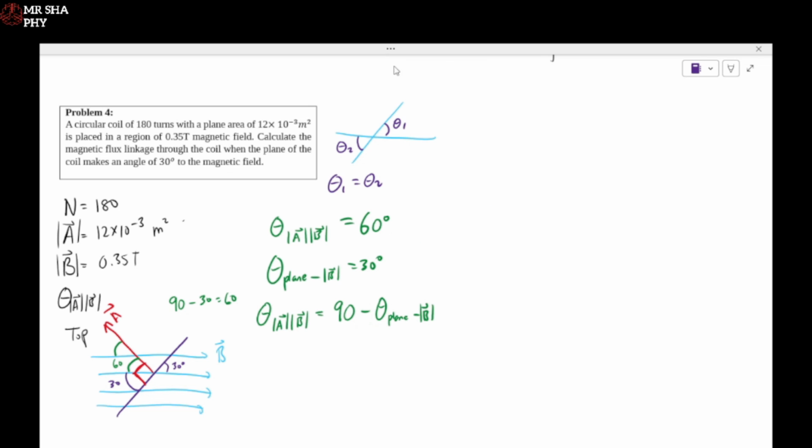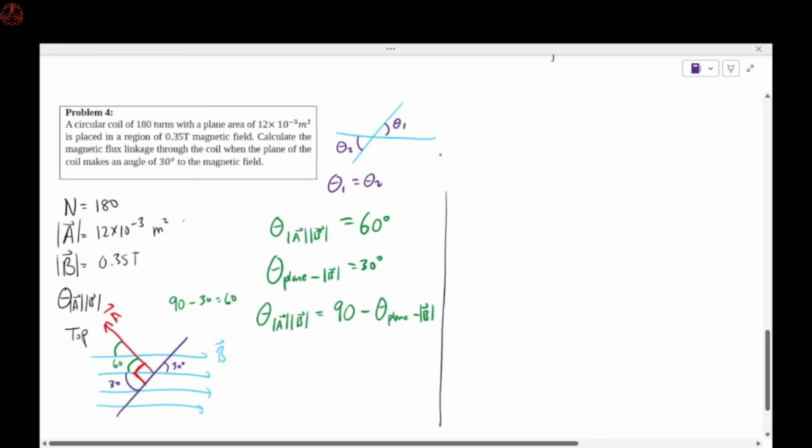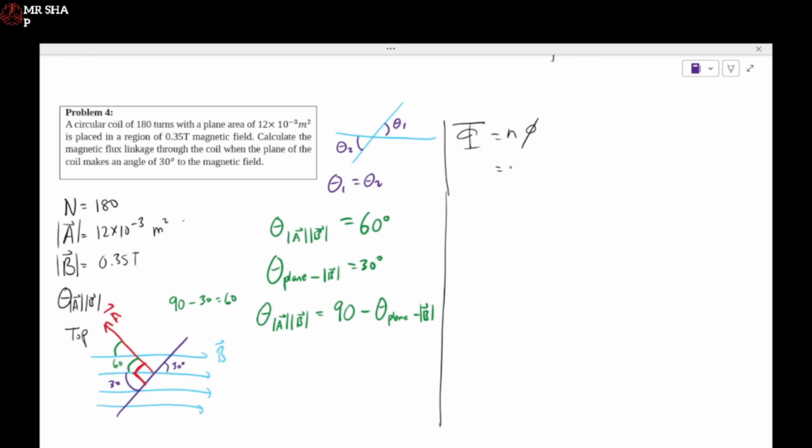Okay, so then when I want to calculate my magnetic flux linkage, I'll just use black at this point. The magnetic flux linkage is equal to N phi, and phi is actually BA cos theta. This theta is the angle between the area vector and the magnetic field.